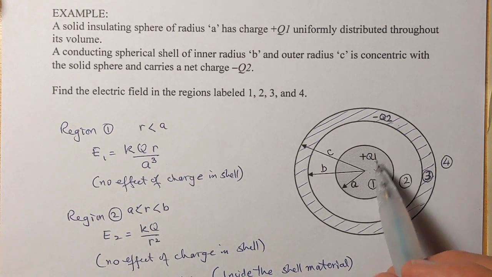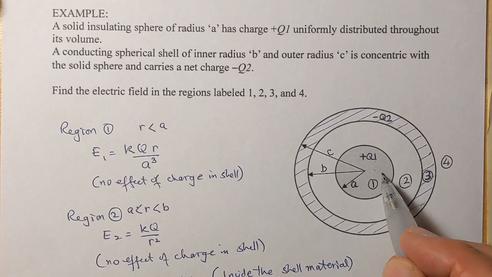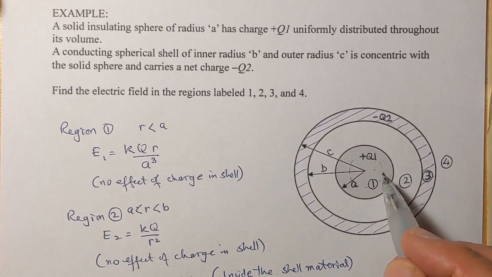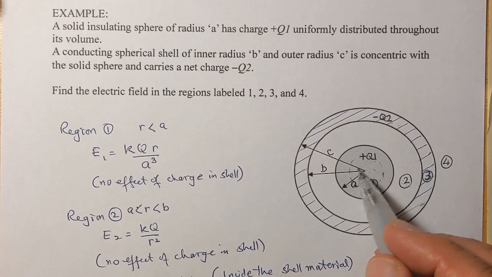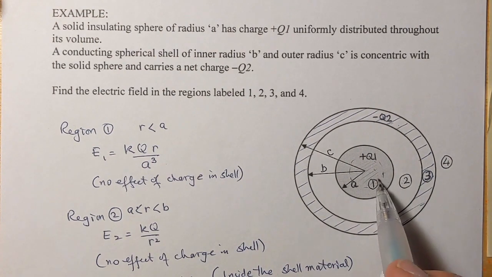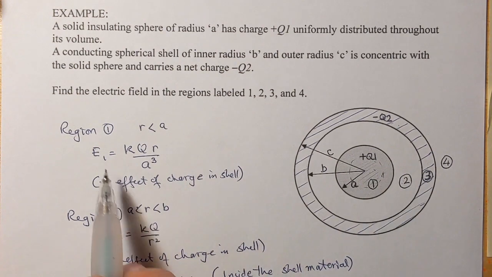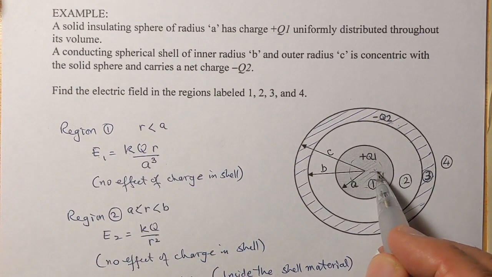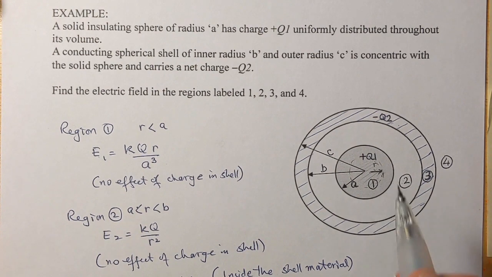So for inside, if you want to find it here, we make a Gaussian surface here, and then the electric field here would depend only on the charge that's inside, and we did that in a previous case, and the electric field becomes kq1 r over a cubed, where r would be the radius up to that point, wherever we want to find the electric field.